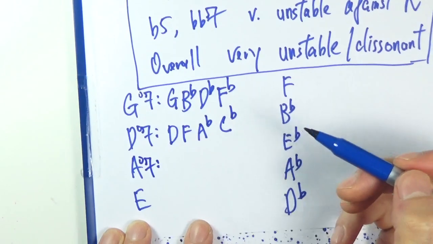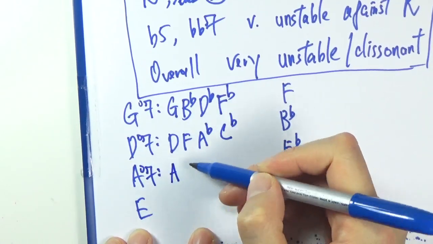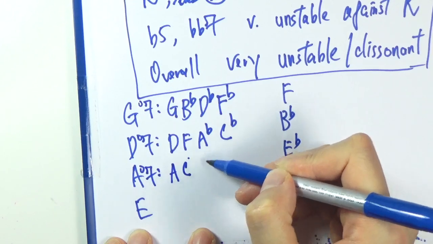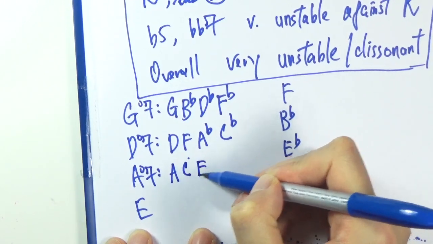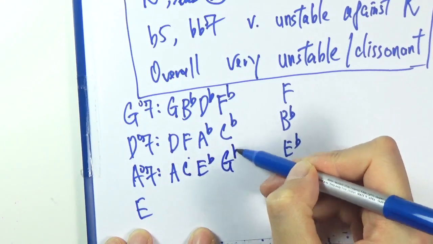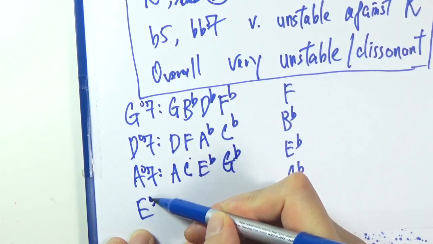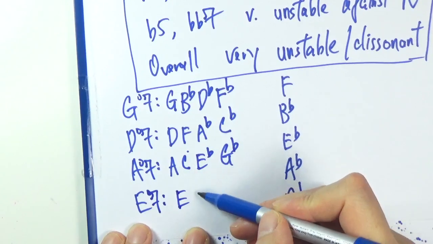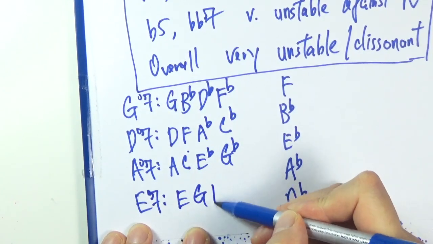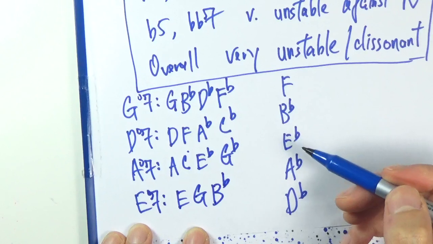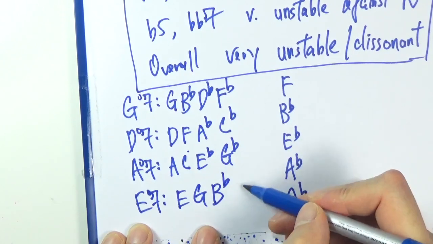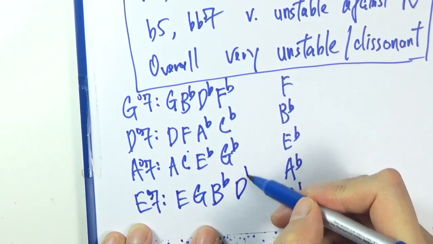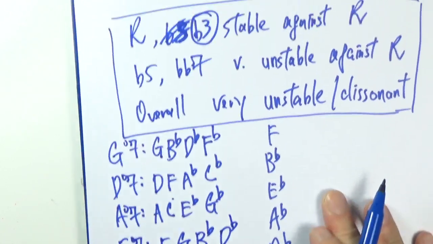A diminished 7, that should be A, C, the C is good, E flat, G flat. E diminished 7, so that should be E, G minor third, B flat, perfect, diminished 5th. And then that should be D flat, diminished 7th.